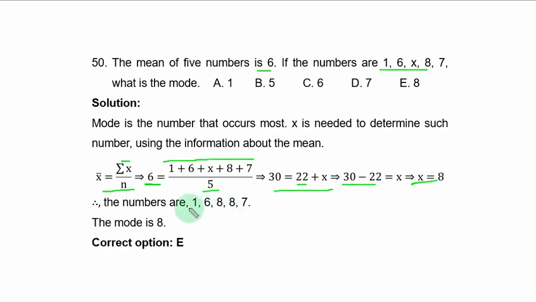The numbers are 1, 6, 8, 8, 7. Mode is the number that occurs most frequently, or the number with the highest frequency, that is 8. Therefore, the mode is 8. E is the correct option.